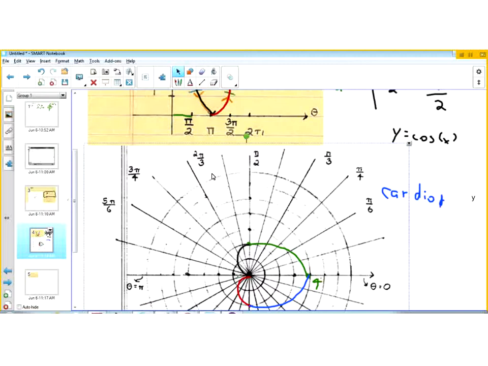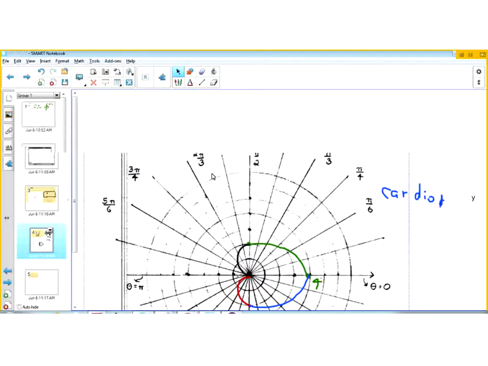All right, so now let's do another example of a polar plot. Let's say r is equal to cosine 2 theta. This will be topic 5.